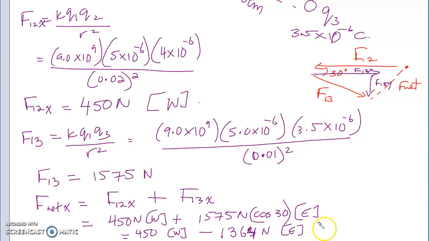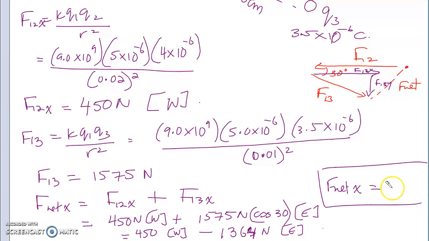Of course we're going to subtract the 450. So your F net x comes out to what? Your F net x comes out to, in the easterly direction, 913 newtons going east. Are we good? So far so good? Okay.